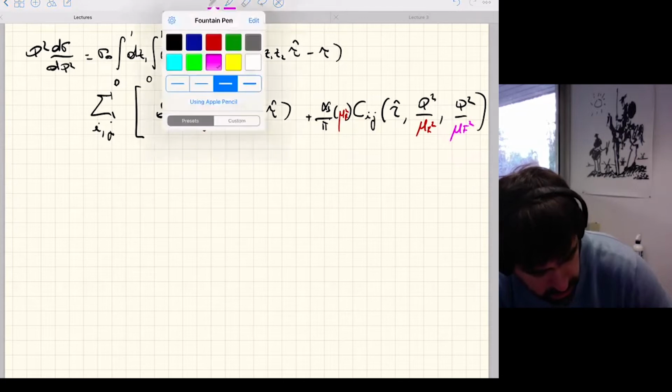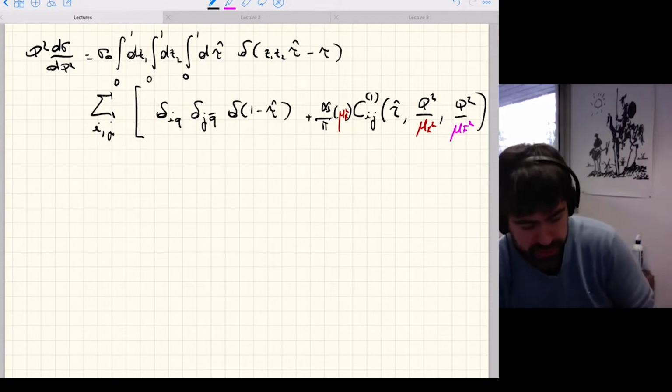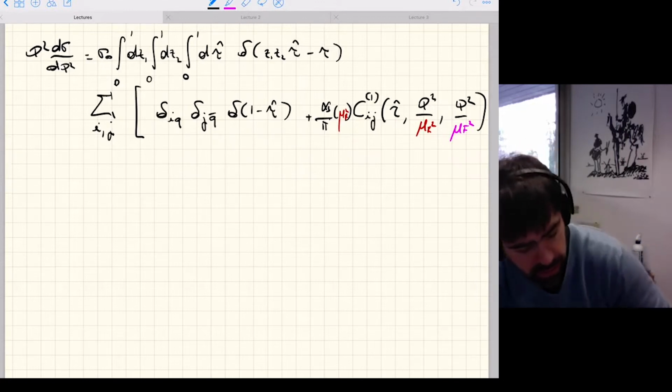And let me put here a 1, meaning that this is the coefficient of the first order in alpha s.